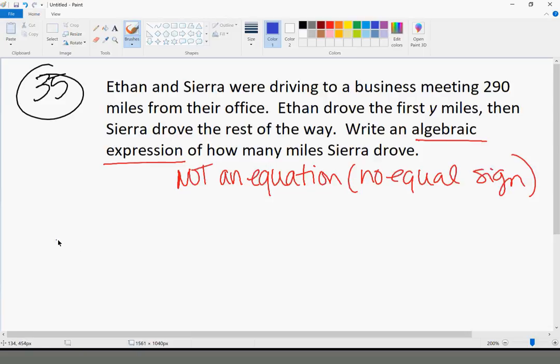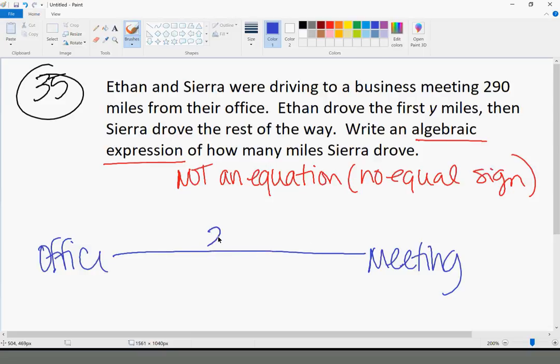So let's say this is their office, and here is the meeting, and then the meeting is 290 miles away. Okay, Ethan, let's make him green. Ethan drove the first Y miles.